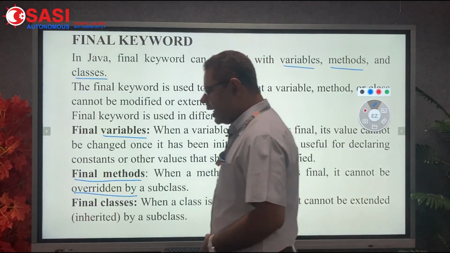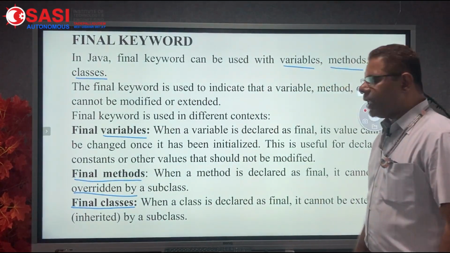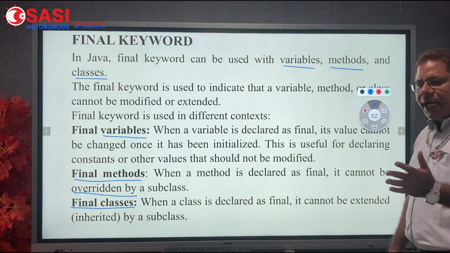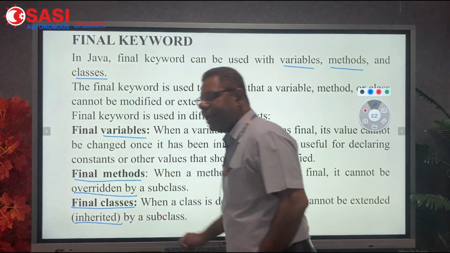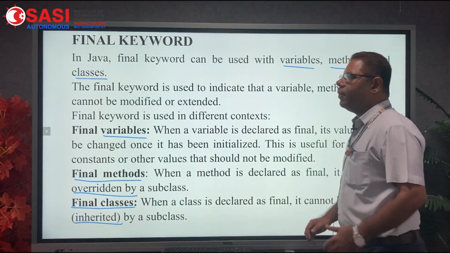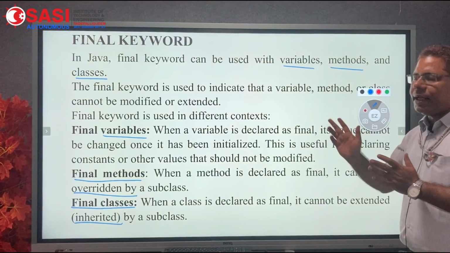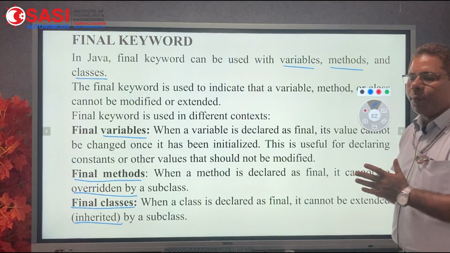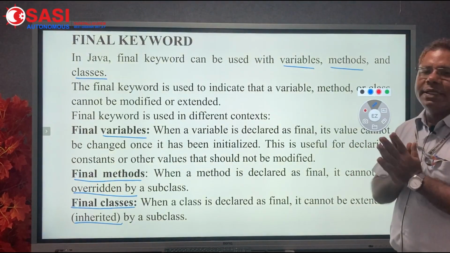Similarly, the final keyword can also be used for classes. When we use a class as final, that class cannot be inherited. So the final keyword is used for variables, methods and classes. When we declare a variable as final, the variable value cannot be changed.